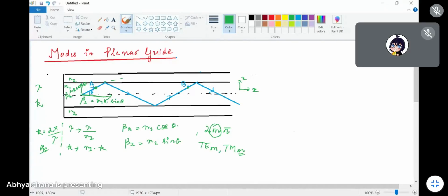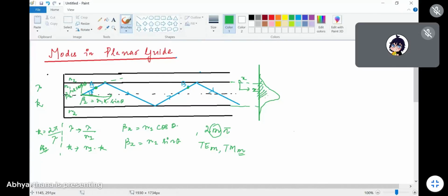So if I show an electric field distribution over here, if I mark a line here and try to show the electric field distribution, it will actually come from 0. This is the core portion, and from here is the cladding portion. But as we know, some portion will go into the cladding. So from here it will be decreasing like this.